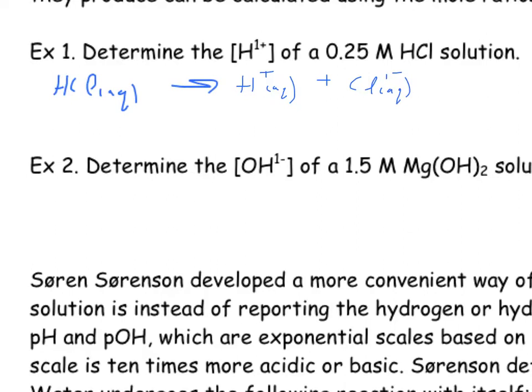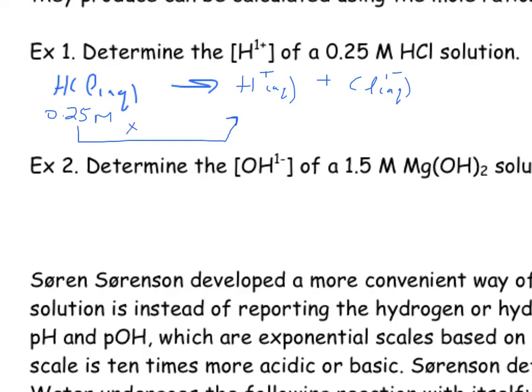If I have a 0.25 mole per liter HCl solution, I can use a mole ratio to go to the H+ concentration, because HCl is a strong acid, meaning that in my system it will all fall apart into H+'s.